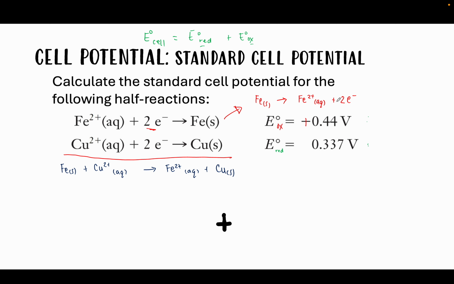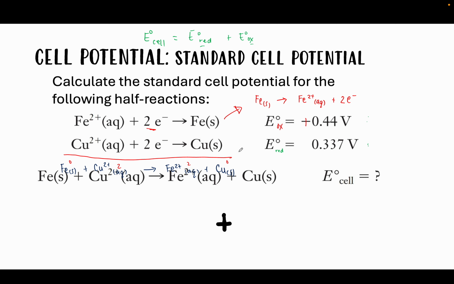So this is now your redox reaction. Looking at balanced charges, this is 0, this is 2, this is 2, this is 0. So there you have it.